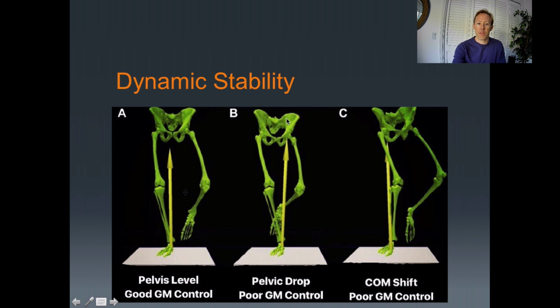This person, their pelvis will fall and they'll be leaning away from their leg. This person, they'll lift the opposite side of the pelvis and they'll lean back over the top of their leg. But in either case, you'll see their trunk is leaning and their pelvis is shifting either up or down. So you're looking for, is their pelvis level? Are they leaning? And this can give you some idea of just their dynamic stability and how well they're using their hip muscles to control their pelvis and spine.